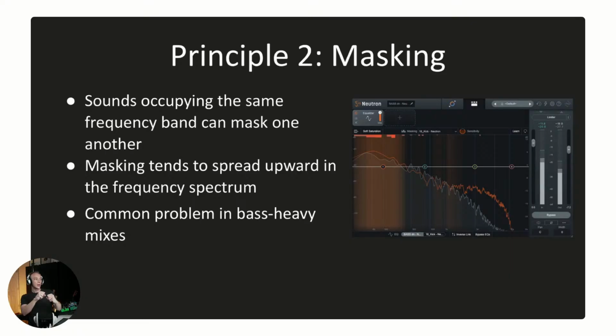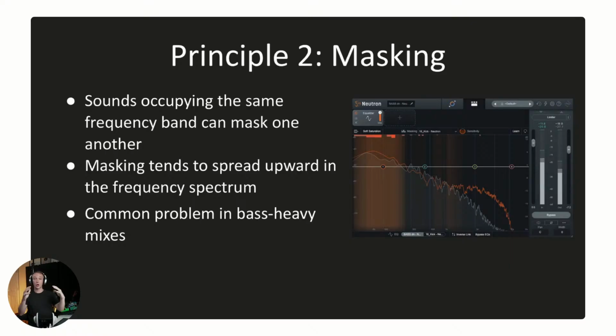Not only can they interact with one another because they occupy the same space, but if you've got a bass in the low end, it may even mask a guitar at frequencies above, right? Because as you'll see in this clip, masking tends to spread upward. That's not only true for instruments masking other instruments.